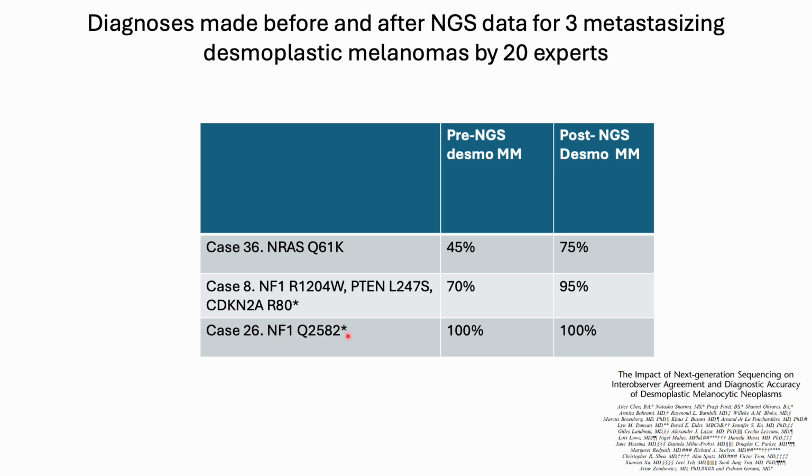And here's the third example of a metastasizing melanoma. This one did have a truncating mutation in NF1, but the experts were not fooled even without the molecular information on this one.